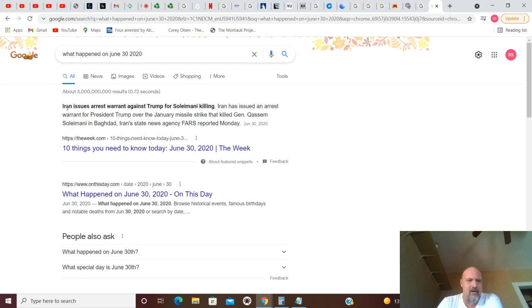On June 30th, 2020, Iran issues arrest warrant against Trump for Soleimani killing. Iran has issued an arrest warrant for President Trump over the January missile strike that killed General Qasem Soleimani in Baghdad. Iran's state news agency FARS reported Monday, June 30th, 2020.